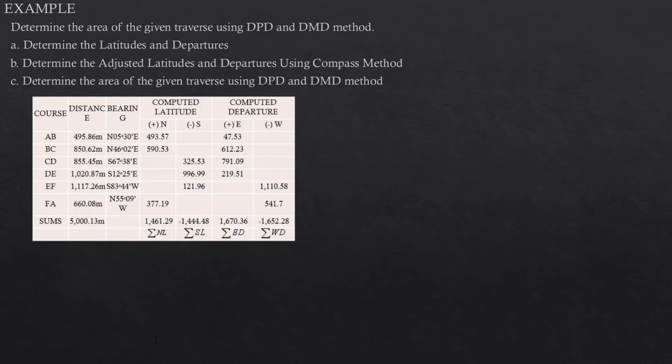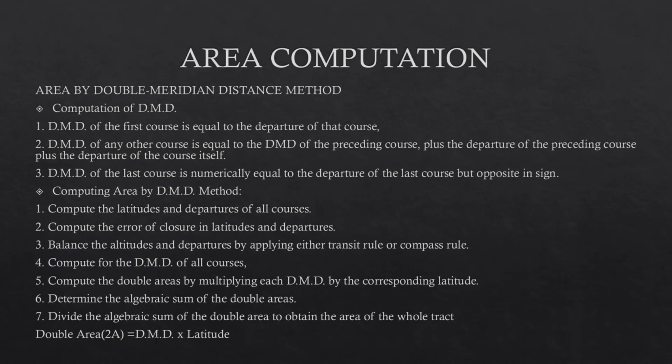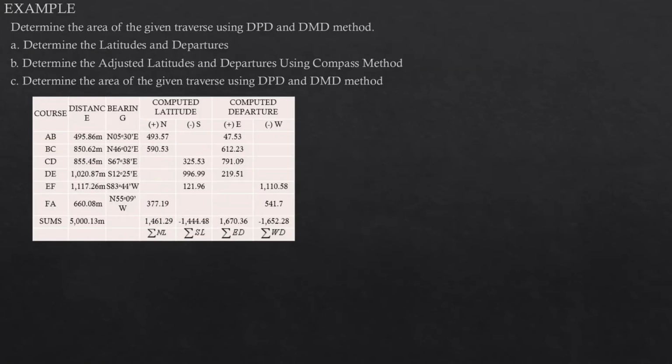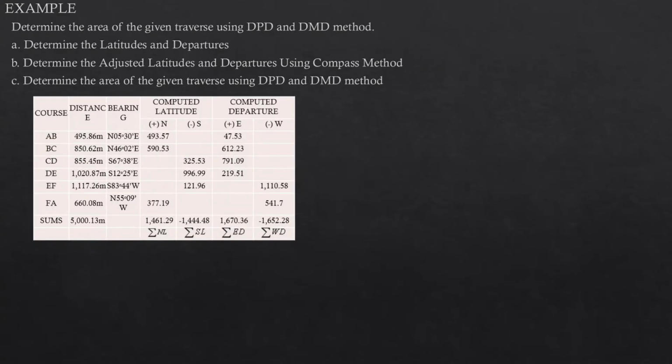Okay. Sige, example tayo para mas maintindihan tong steps na binigay dito. Example 1, determine the area of the given using DPD and DMD method. So first step, kunin natin yung latitude and departures.